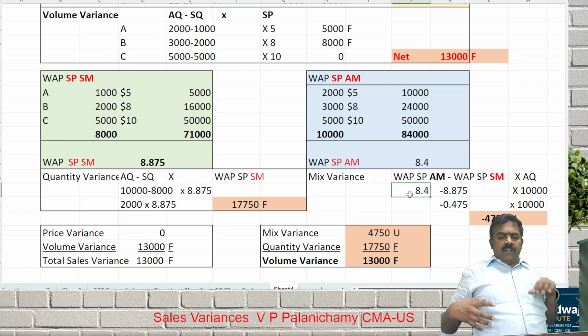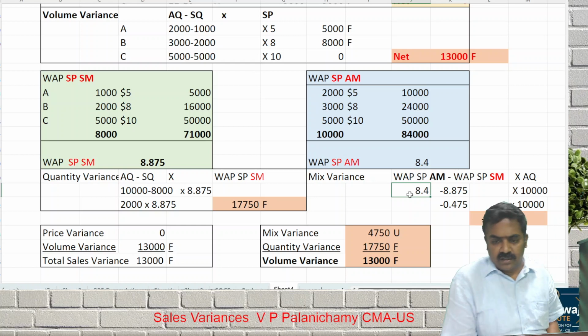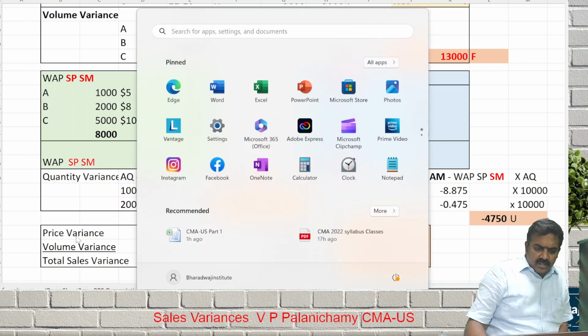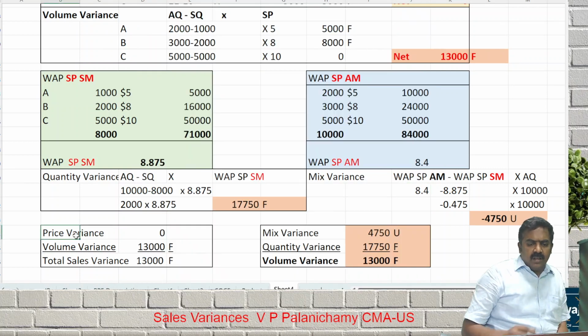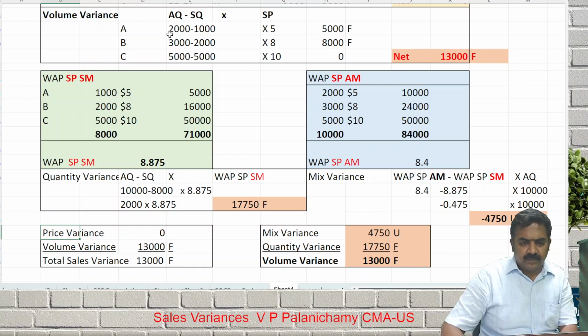So mix variance plus quantity variance, otherwise called as volume variance. We analyzed sales variance into three factors. Why the variance in revenue comes? Because of the price. In this question, net price variance became 0. Because of the volume. Volume means because of the difference in quantity sold, actual quantity minus budgeted quantity.